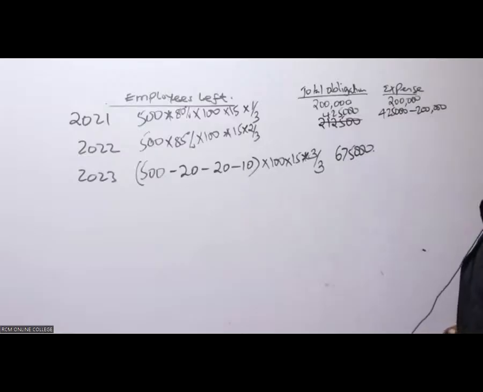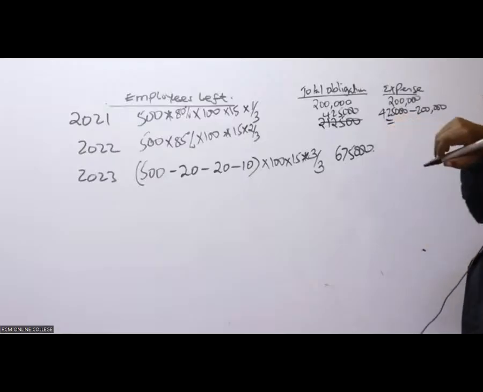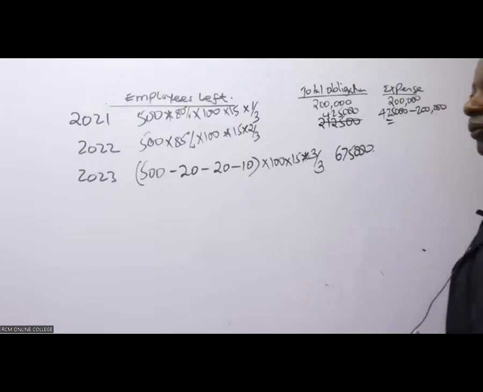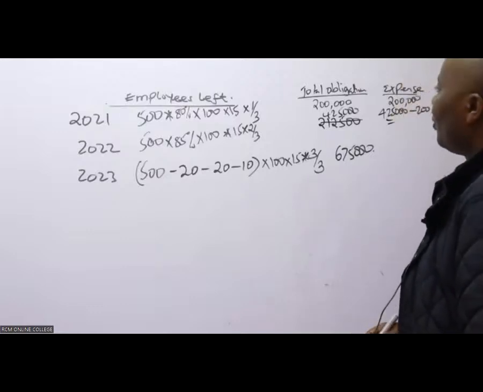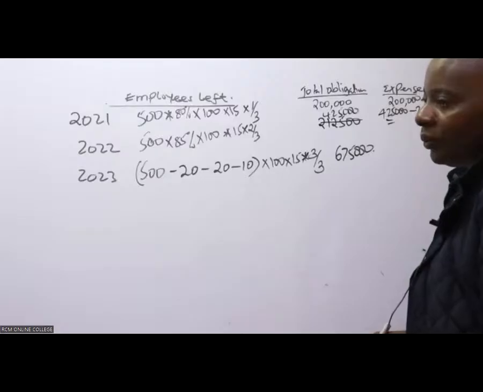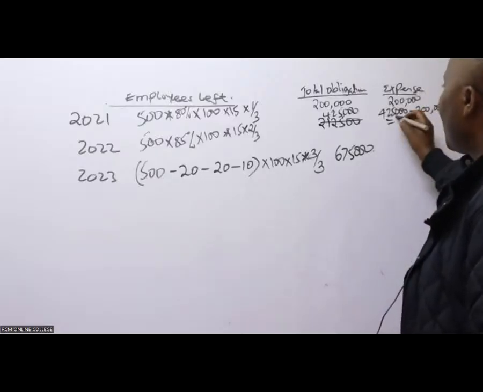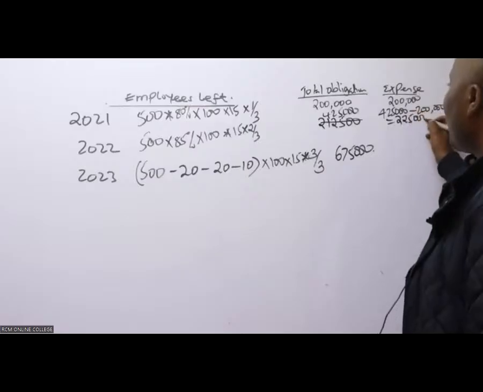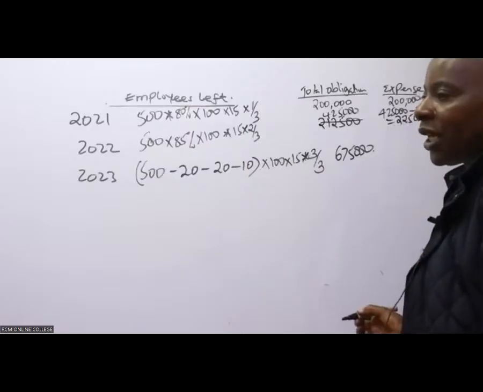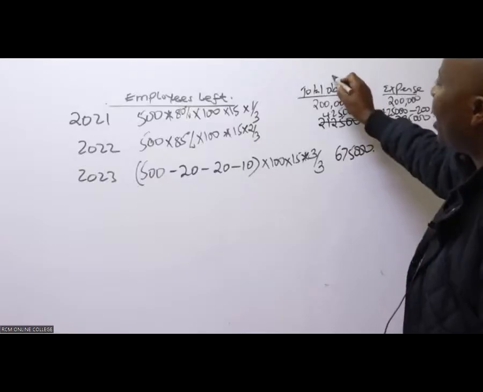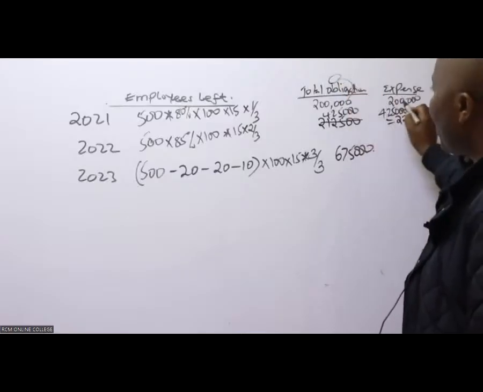You recognize the difference, which in this case, ladies and gentlemen, will be equal to who? Can somebody give me this figure? 425,000 minus 200,000, that is 225,000. So remember, we're beginning from zero. The first year you recognize 200,000.